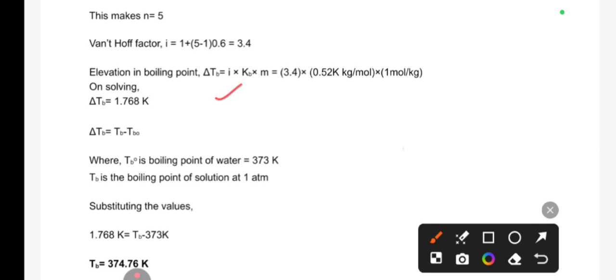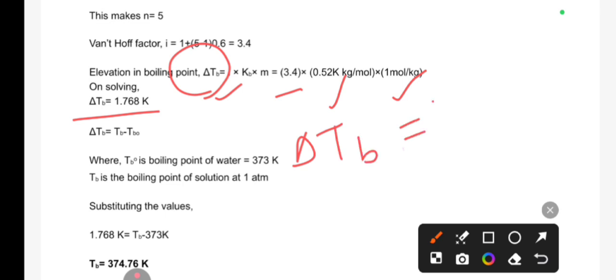Okay, i is equal to 3.4, which we have solved. Kb is given to you, and the molality is 1 molal. So after calculation you will get delta Tb. That delta Tb we have got is 1.768 Kelvin. As we know very well, delta Tb is equal to T solution minus T naught.